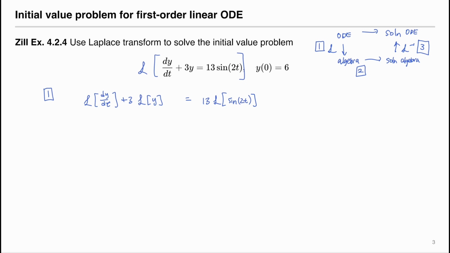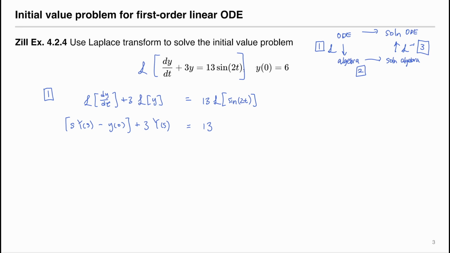And the Laplace transform of the derivative is sY(s) minus the initial condition, plus 3Y(s), and then 13 times the Laplace transform of sine of 2t.